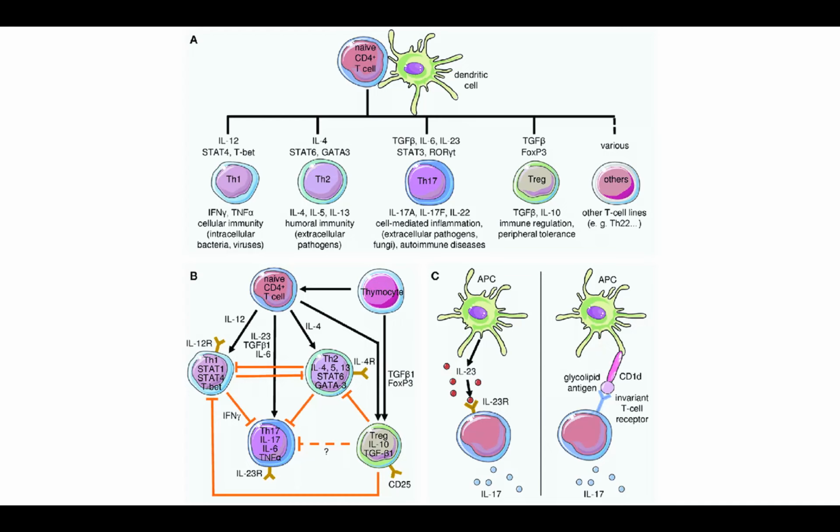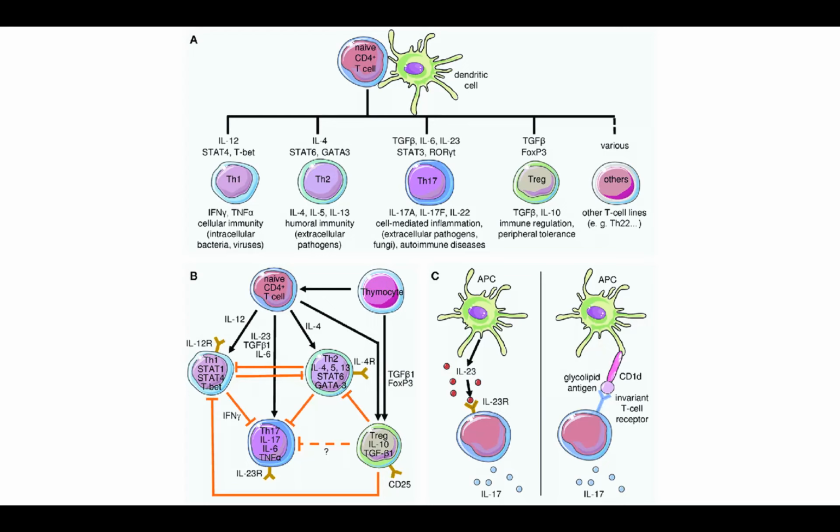Now, what also can happen is that naive CD4 positive cell can create IL-23, which creates, like I said, Th17, right? Well, Th17 can be inhibited through interferon gamma that's produced by Th1, or it can be inhibited by the Th2. So you can see here that there is some sort of self-regulation of Th17 through Th2 and Th1, right? And Treg, all right?